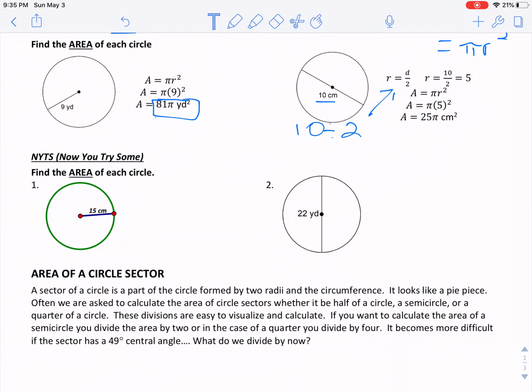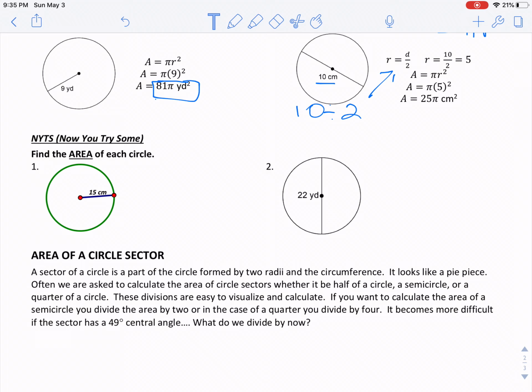Now, when we're finding part of a circle, because we might not always have the full circle, we call that the area of a circle sector, or the area of a sector. It's very similar to arc length, where we found the distance around part of the circle rather than the whole circumference.